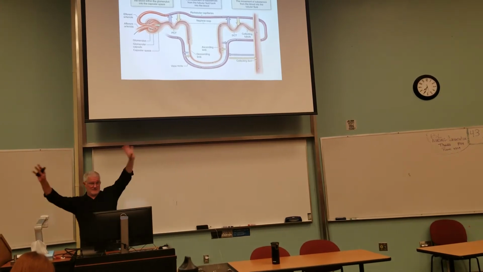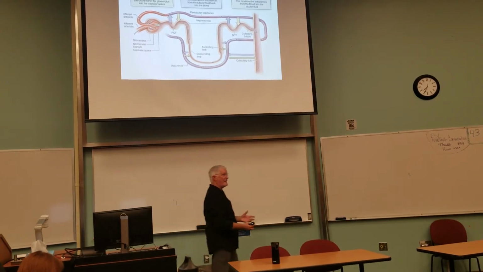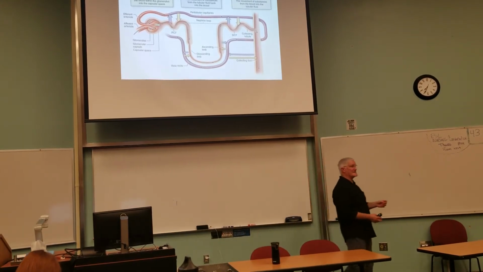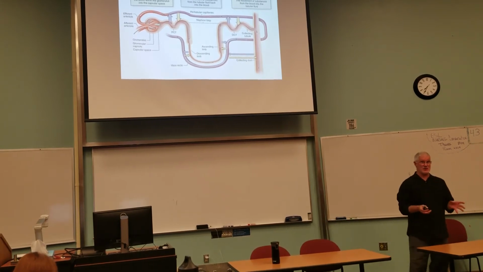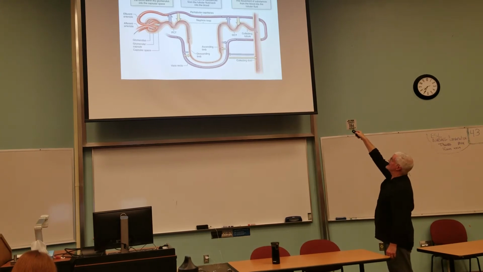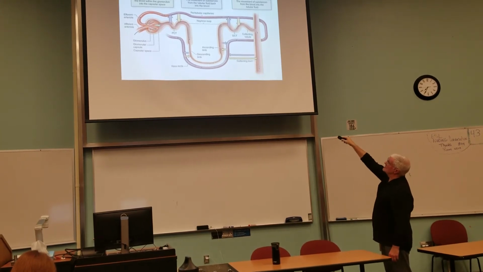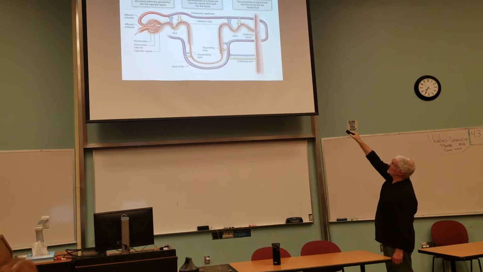Now, this big snake-looking thing is known as a nephron, for those that haven't had lab yet. This is the functional unit of your kidney. This is what makes urine, this little snake-looking thing. It's got several different parts to it. This part up here, known as the glomerulus and the glomerular capsule, is the place where you do glomerular filtration.